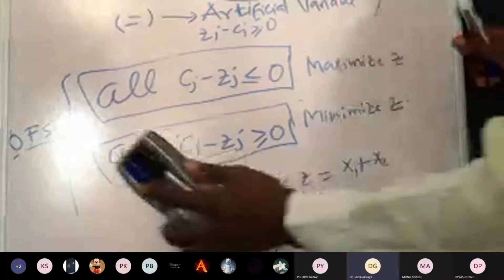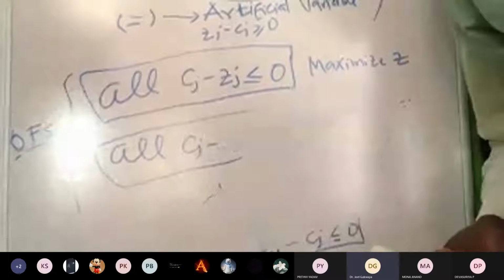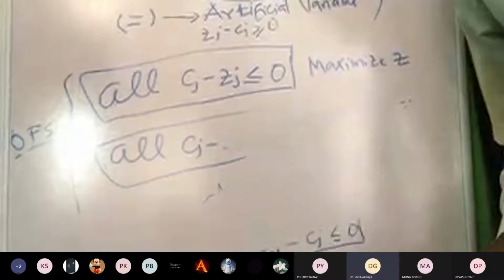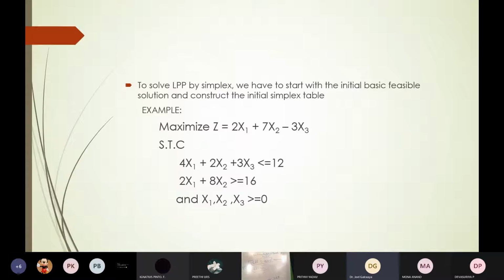Correct. So now let me show you what I was telling you here for the artificial variables. This is the point which we have discussed from yesterday. Now let me come to the exact exercise which we have done.